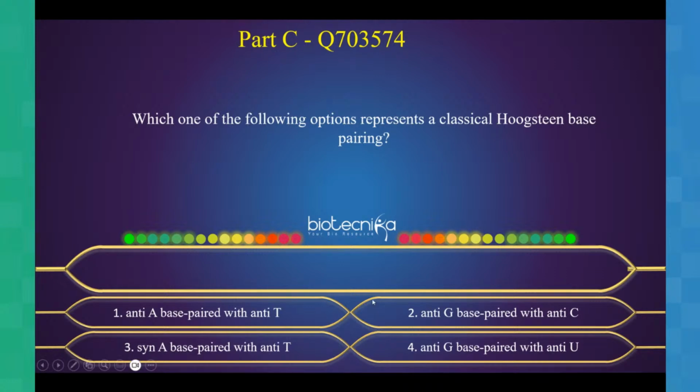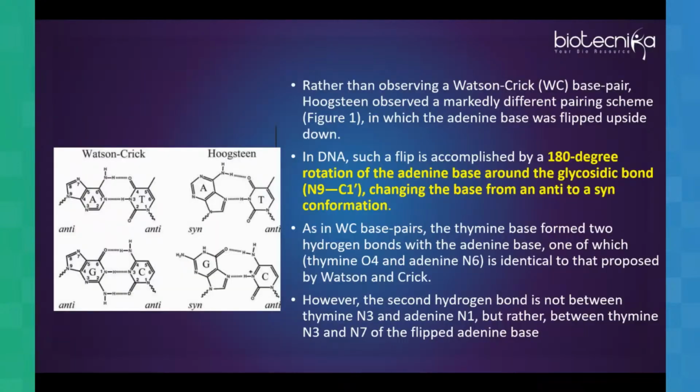In Biotechnical classes we have done this a lot regarding Hoogsteen base pairing. If you're already enrolled, you will be studying it when we study nucleic acids, because there are a lot of things in nucleic acids which come as questions. Accordingly, let me just show you the figure. This is what Watson-Crick base pairing is. We have the purine, a two-ring structure, and the pyrimidine, both in anti-conformation.